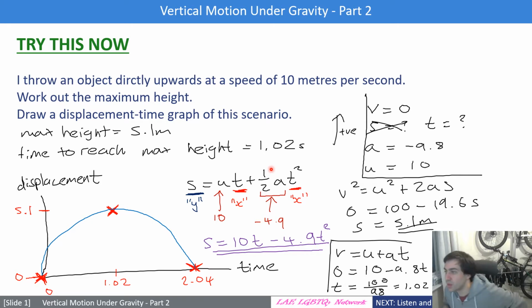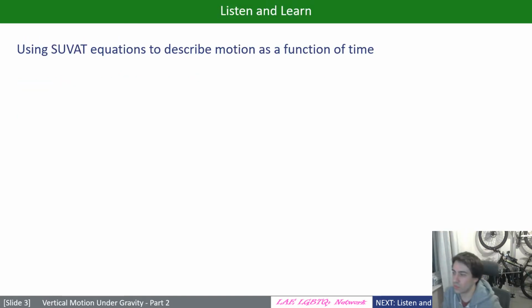Okay, so I'm just going to talk about this a little bit then, this concept of writing an equation for the displacement time graph and also the velocity time graph. I'm just going to talk a bit about this concept more generally of writing s as a function of time, right?